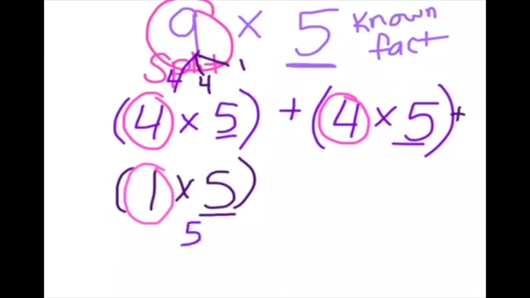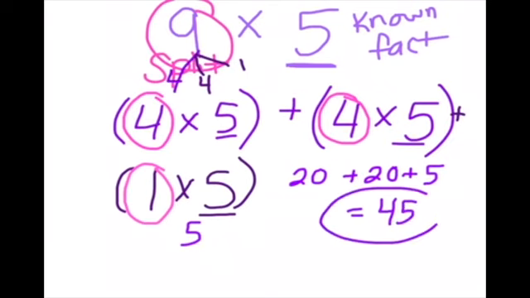So what do we have? We have 20 plus 20 plus 5 would give us 45. So we know 9 times 5 now is 45 by using this distributive property strategy and breaking down a big problem into smaller problems that we already know.